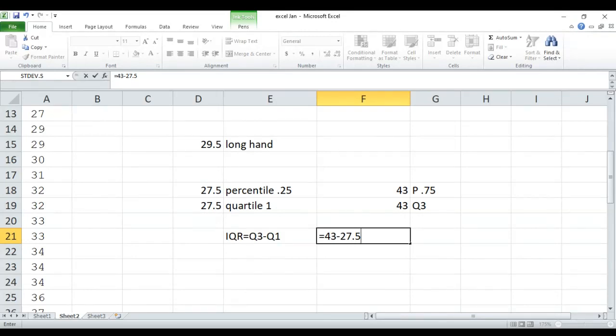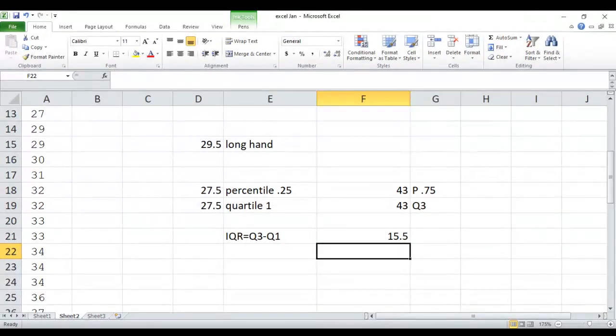I don't have a preference, whichever one you want. And you get 15.5. So the middle 50% of the data, which is the interquartile range, is, well, the range would be 15.5.